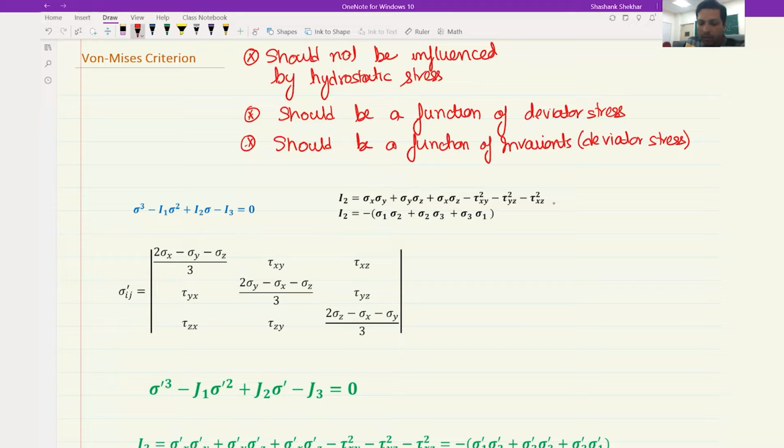For finding the principal stresses, the roots of this equation would give you the principal stresses where I1, I2, I3 are invariants. And one of these invariants, I2, looks like this. If you write it in general terms, it is like this. And if you write it in terms of principal stresses, this is how it looks like. And this particular invariant happens to be independent of coordinate axis.